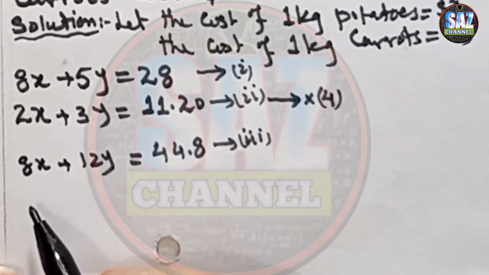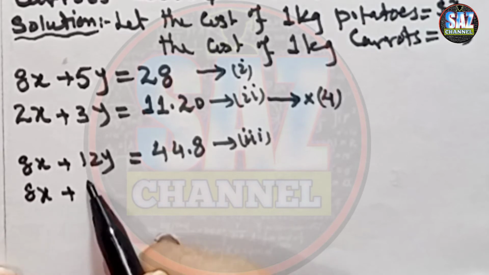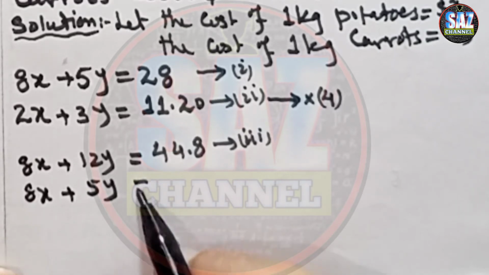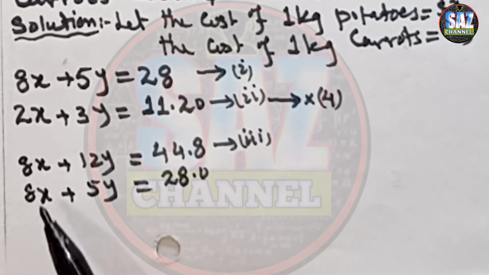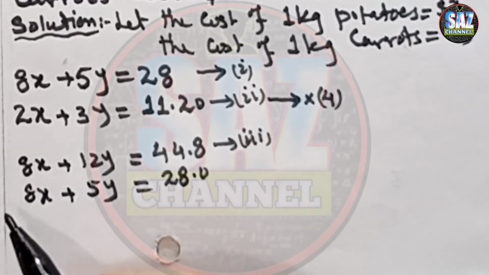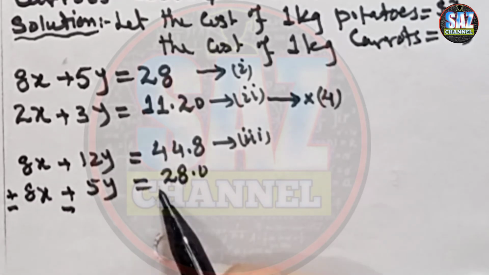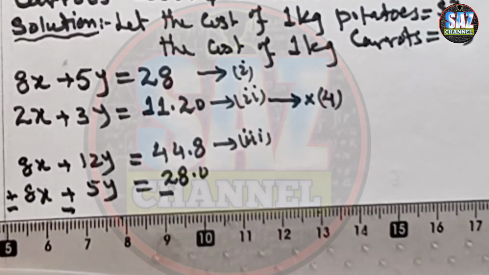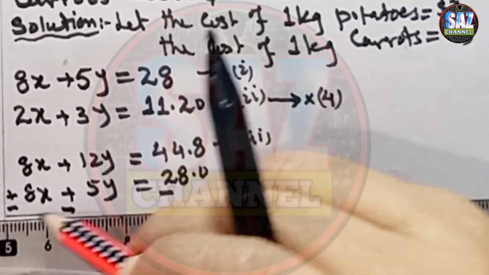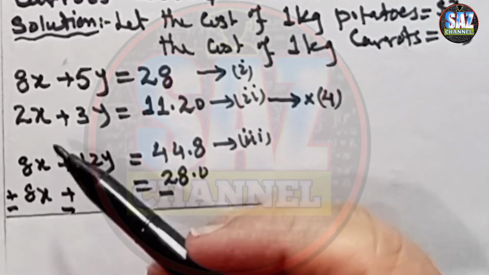When solving, I write equation 1 here: 8x plus 5y equals 28.0. Same coefficients and same sign, recall the previous lesson: change the sign of the second equation. When I'm changing the sign of the second equation, it will take the form 8x and minus 8x.